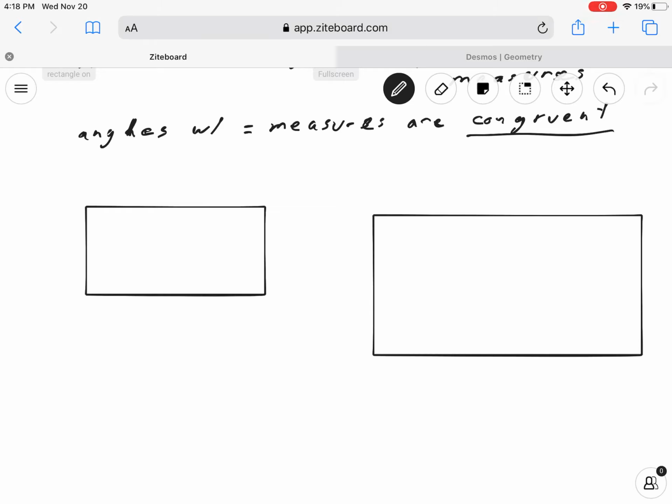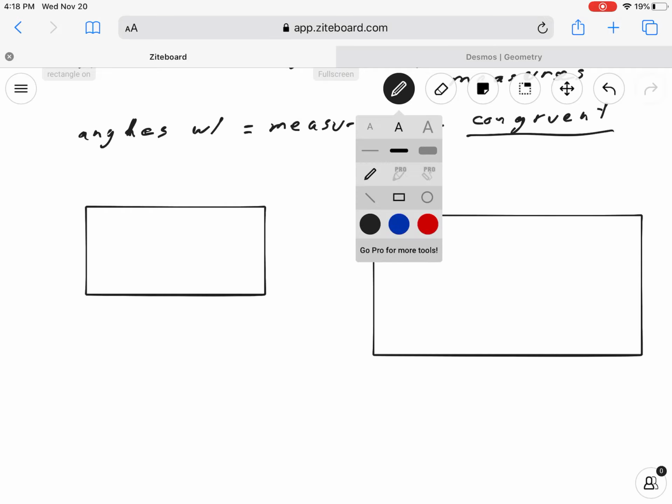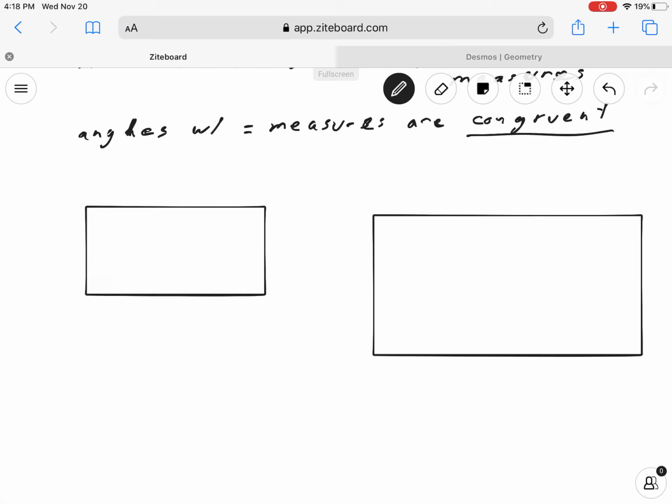If they are similar, then I can say that if this side is 3 and this is x, and this side is 12 and this side is 33, then I can find x using the similar rectangles.